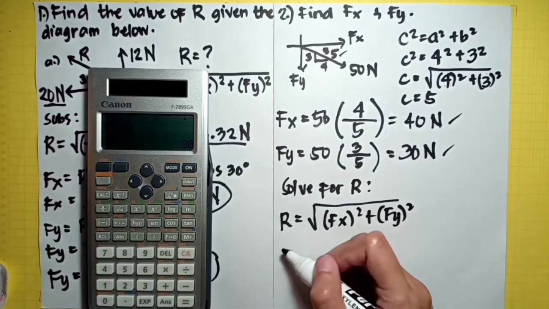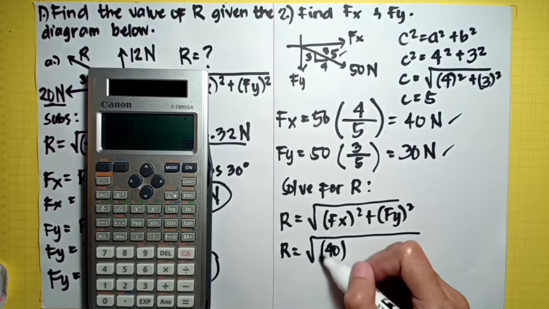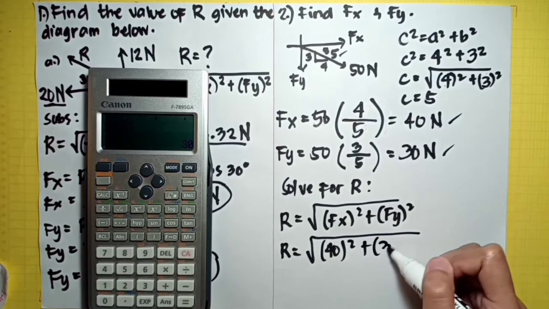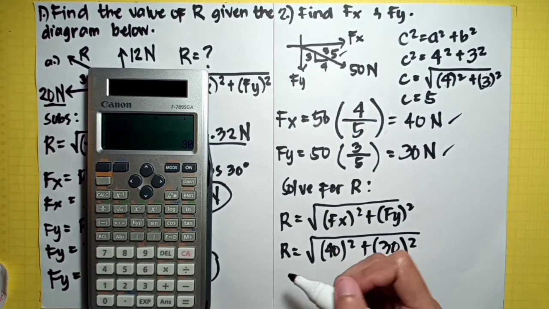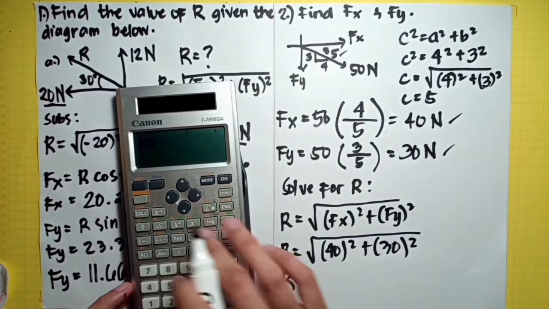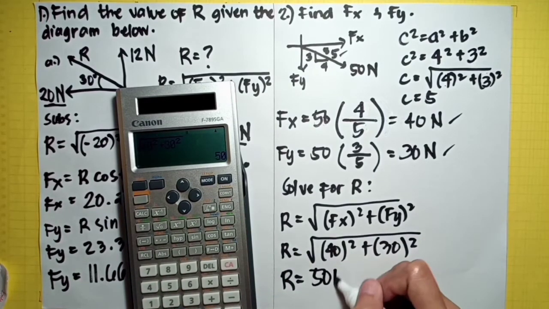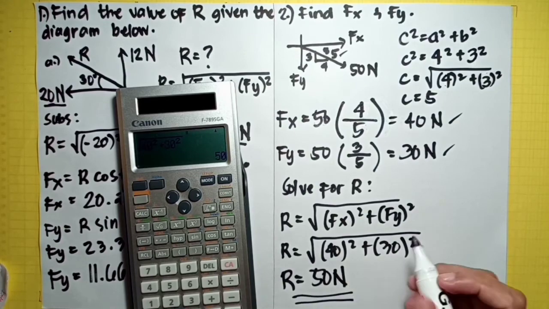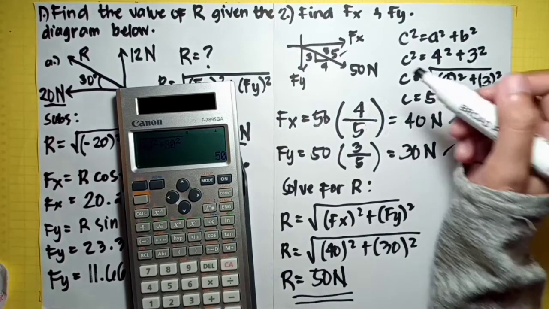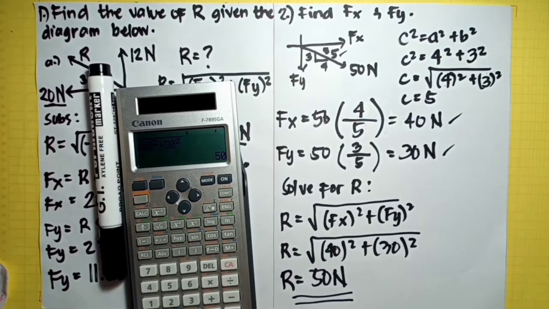So, substitute the value, R is equals to 40 raised to 2 plus 30 raised to 2, which is equals to R, which is equals to 50 Newton. So, therefore, dahil pareho ang answer natin sa given problem na R din, so ibig sabihin tama ang answer natin at tama ang process na ginawa natin.